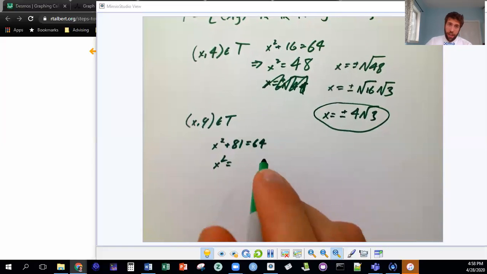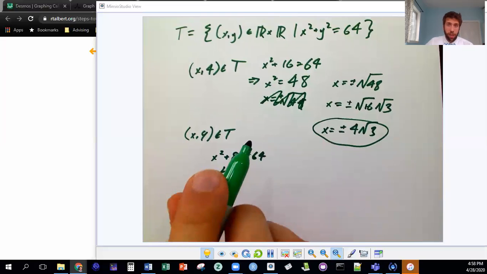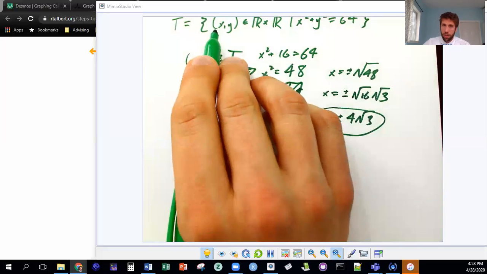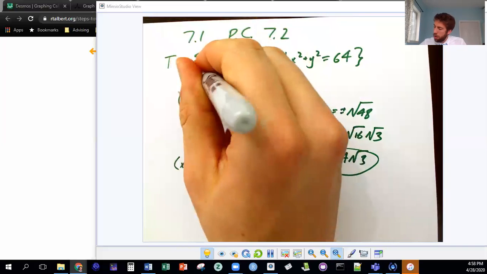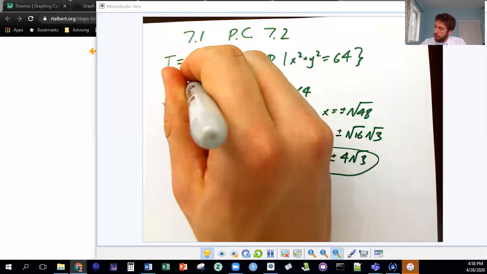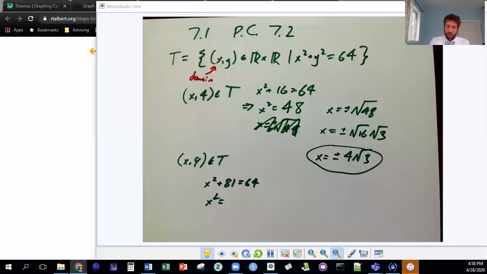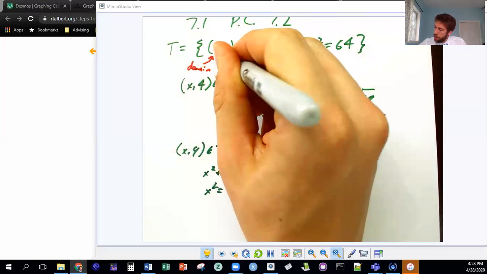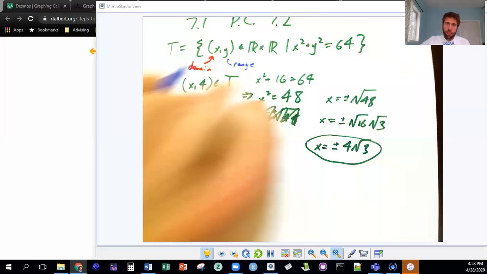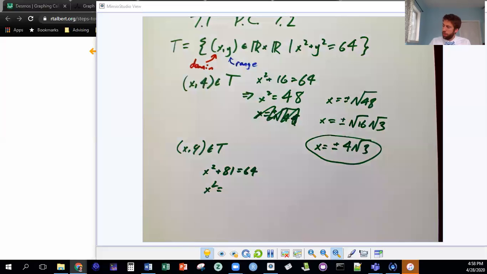What is the domain of the relation T? If you look at the definition, the domain is all possible things on the left, and the range is all possible things on the right. So what is the domain?